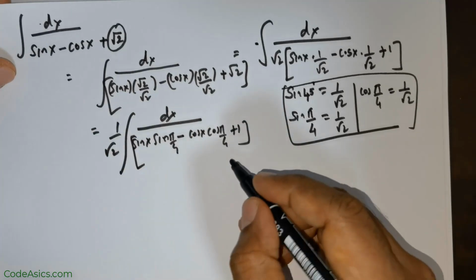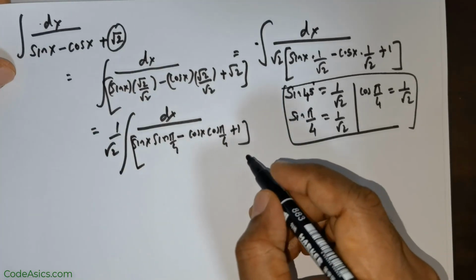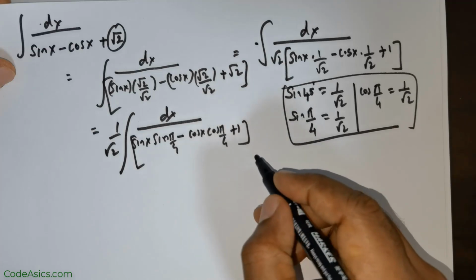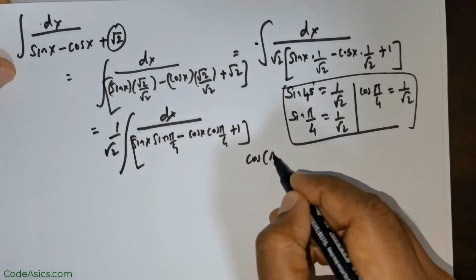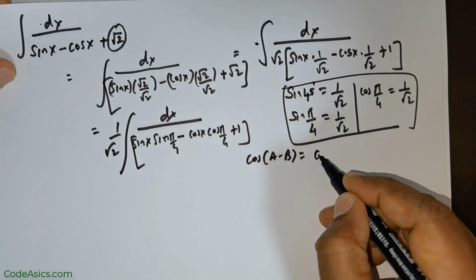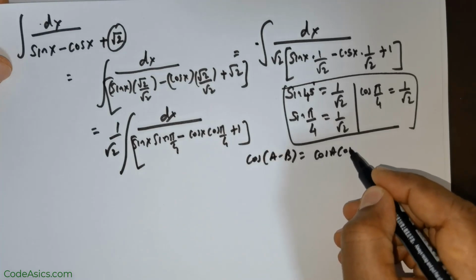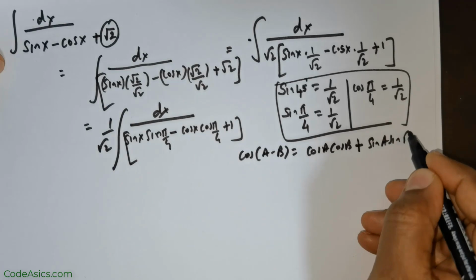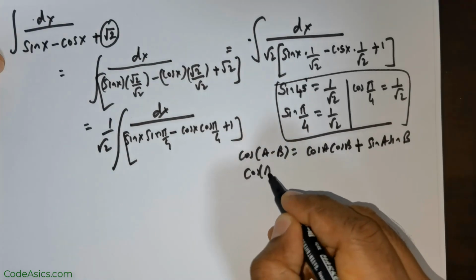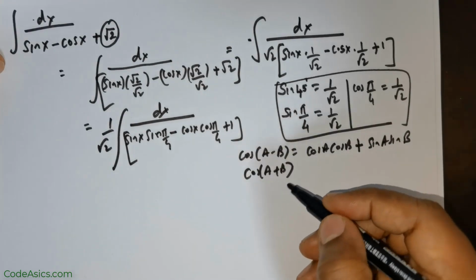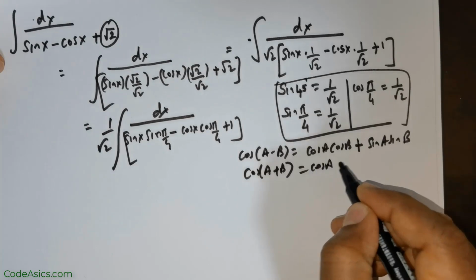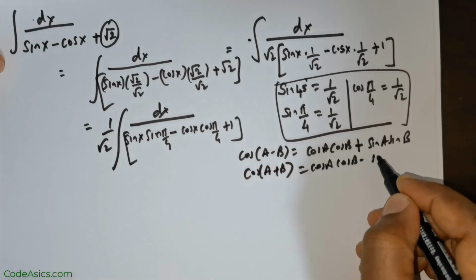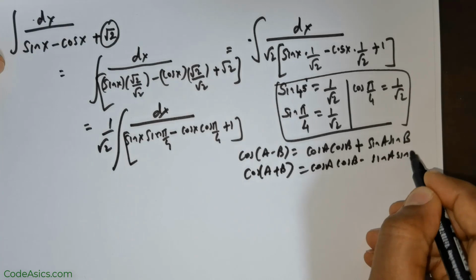Now we have studied an important formula. What is the important formula we have studied? Cos of a minus b is equal to cos a cos b positive sin a sin b, and cos of a positive b is equal to cos a cos b negative sin a sin b.